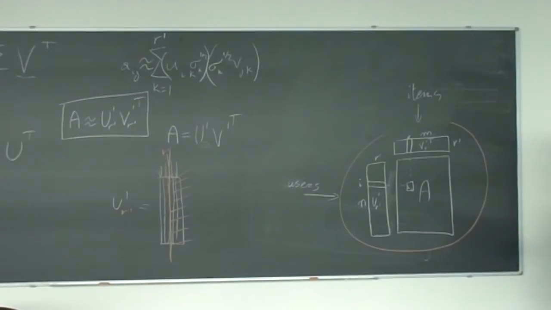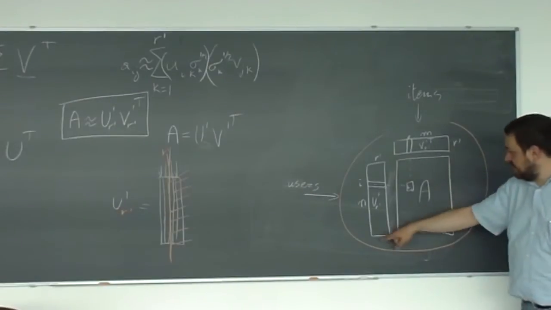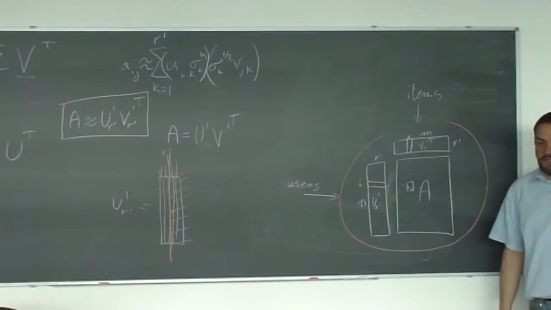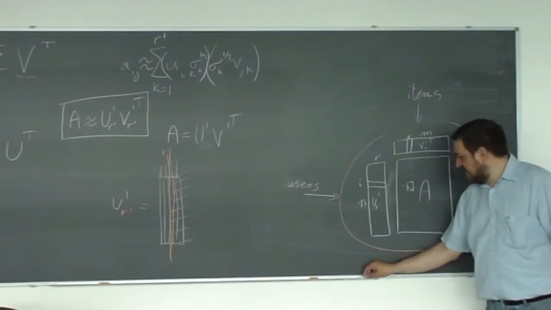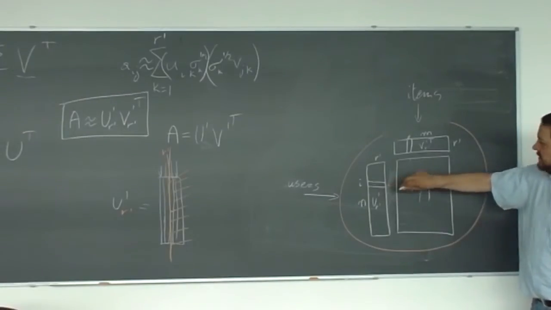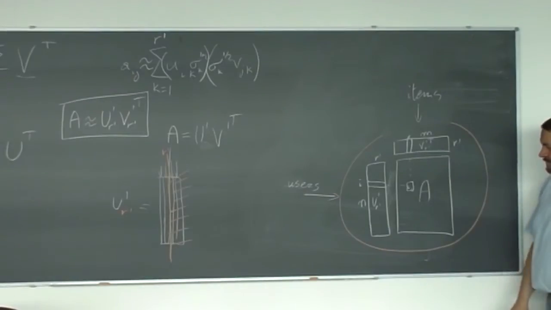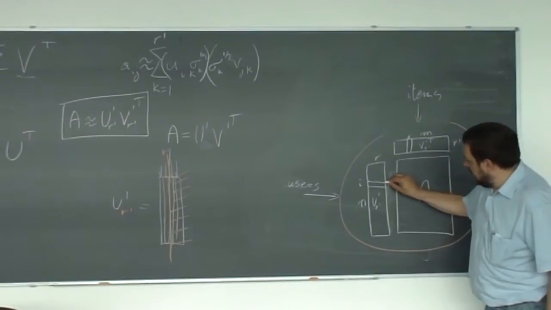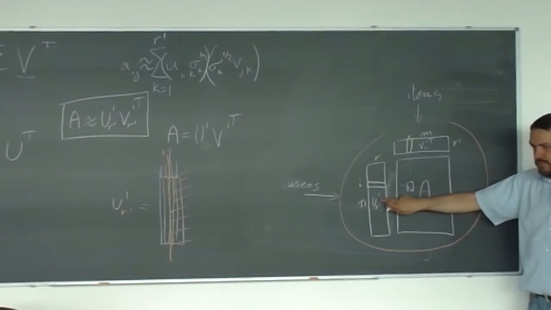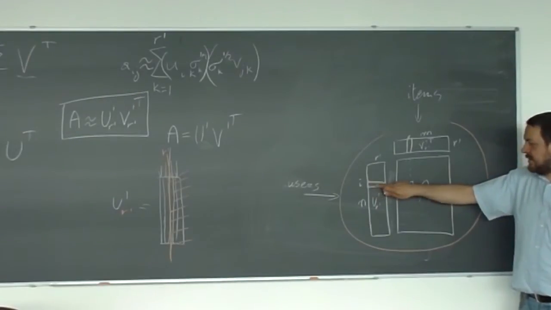Okay, so if you look at it this way, the matrices that I call U prime R prime and V prime R prime are actually strictly related, well, this to users and this to items. So, in a sense, every row of matrix U prime R prime represents one user.